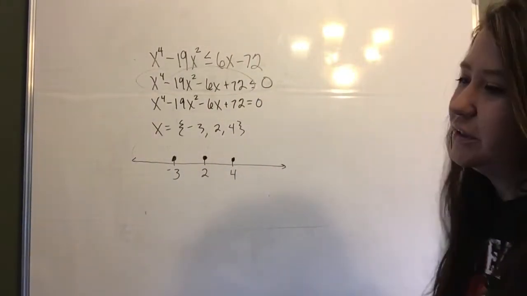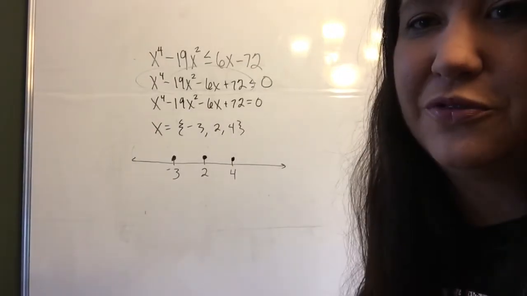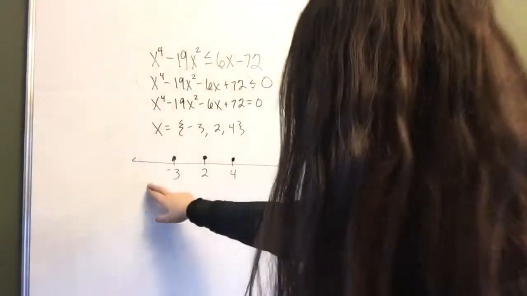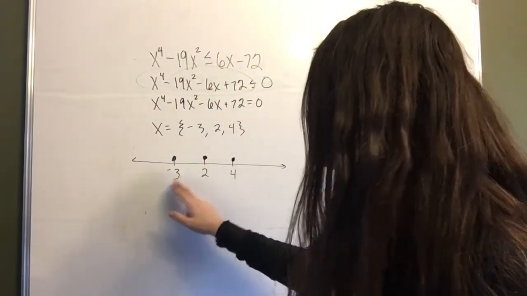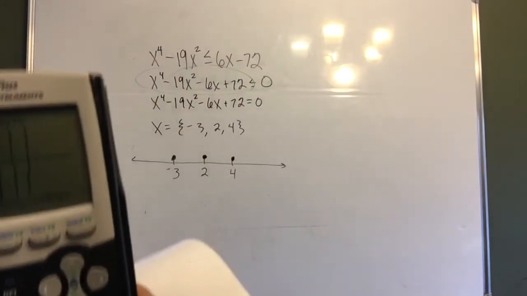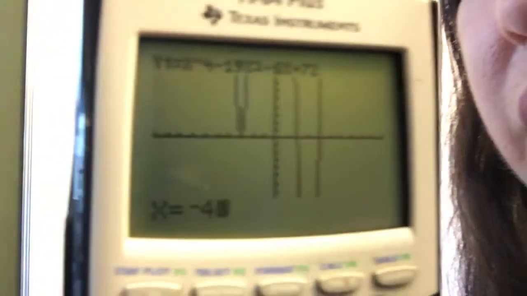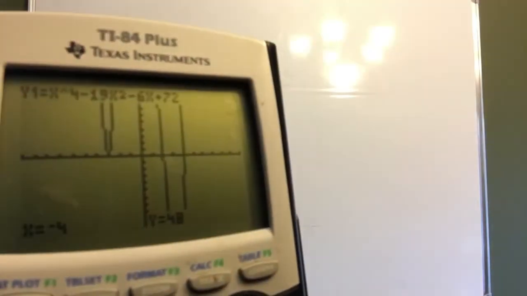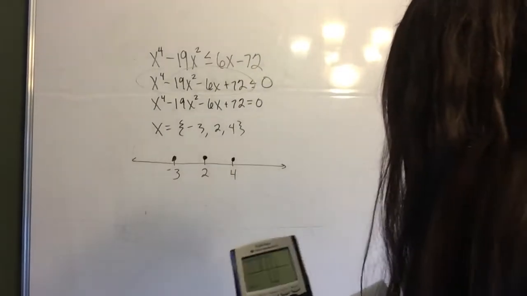If you have the calculator though, you might as well let the calculator do the work for you. So what you can do is hit trace and then pick any test value you want from this interval. So say -4, right? Pick a -4. If we type -4 in, hit enter, see how it gives us a y value of 48? So it's definitely a positive value.